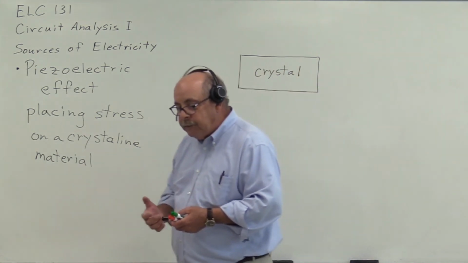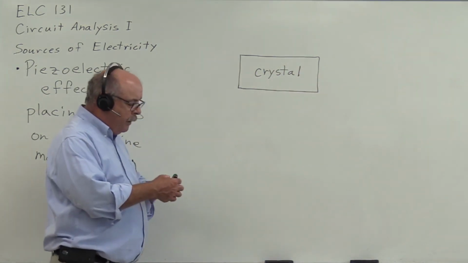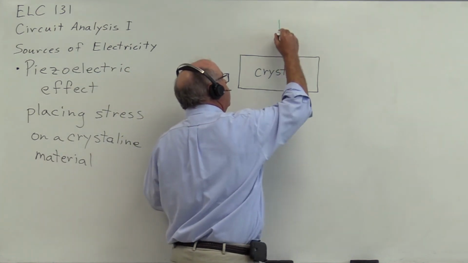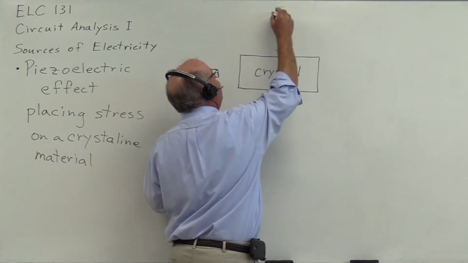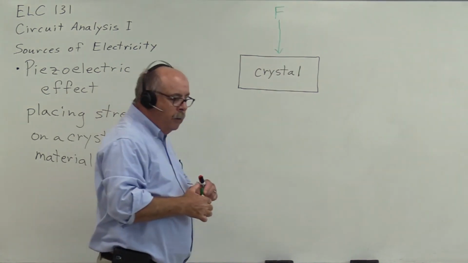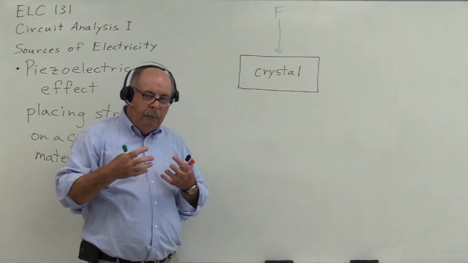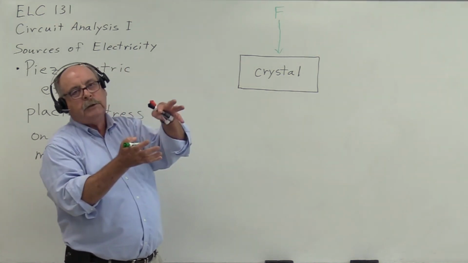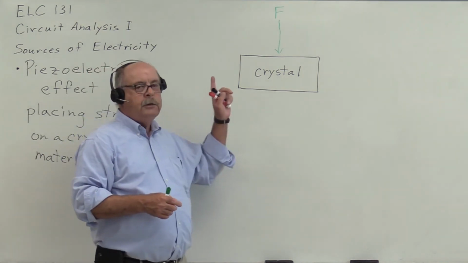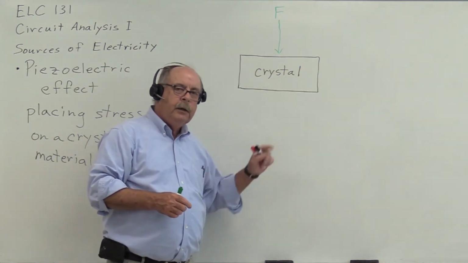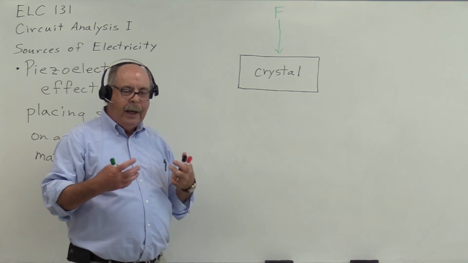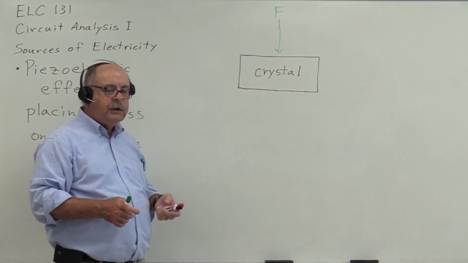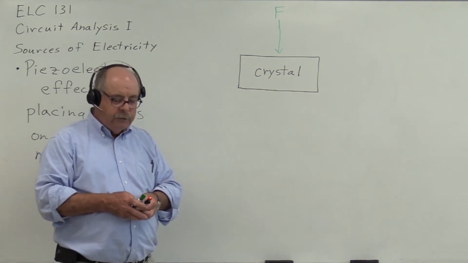Now, what happens is that if we place some force down upon this crystalline material, the molecules inside the crystalline material are compressed, forcing electrons to move to one side of the crystalline lattice structure inside the material, and a deficiency of electrons exists at the other side.